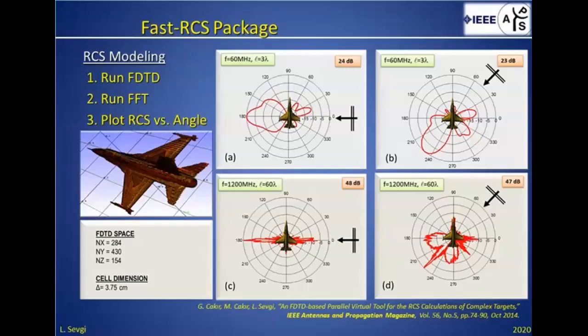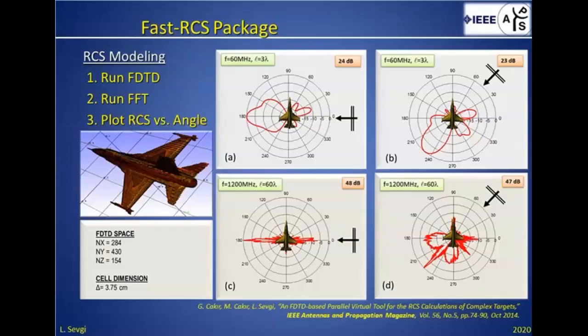Then you run fast Fourier transform or discrete Fourier transform with the recorded time domain data and get the RCS in the frequency domain. And in that step, you plot RCS versus angle or RCS versus frequency.